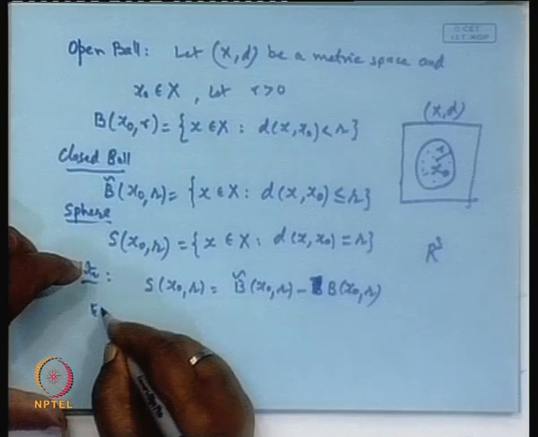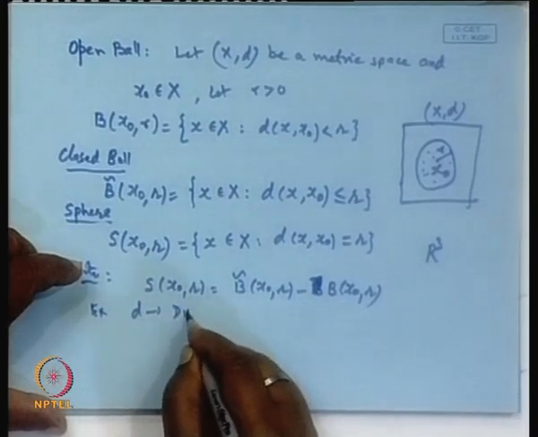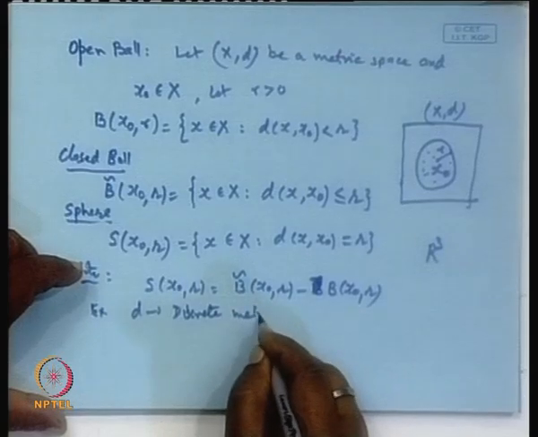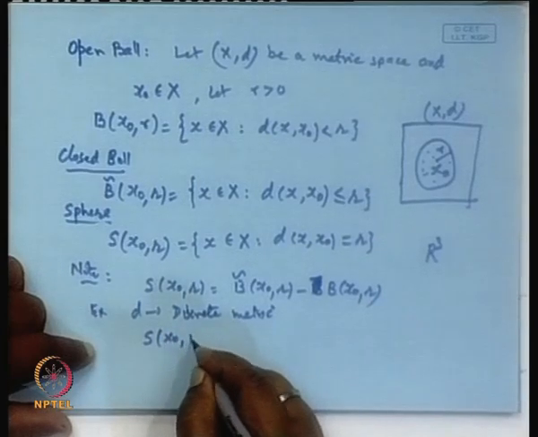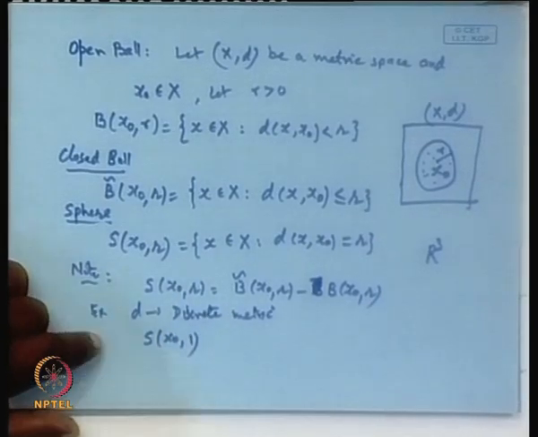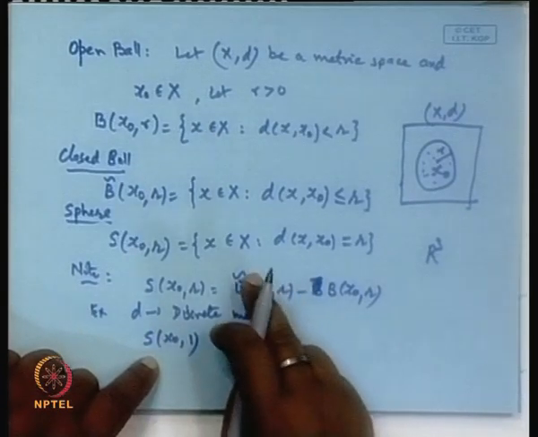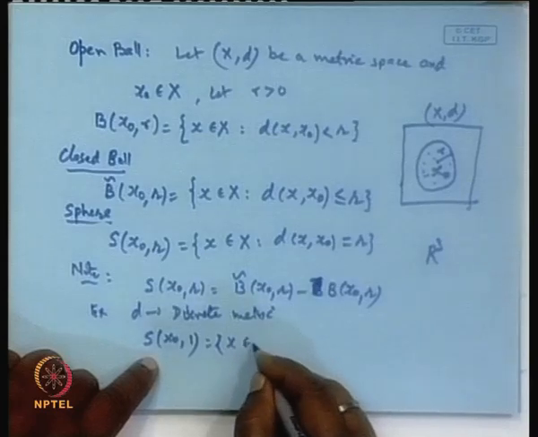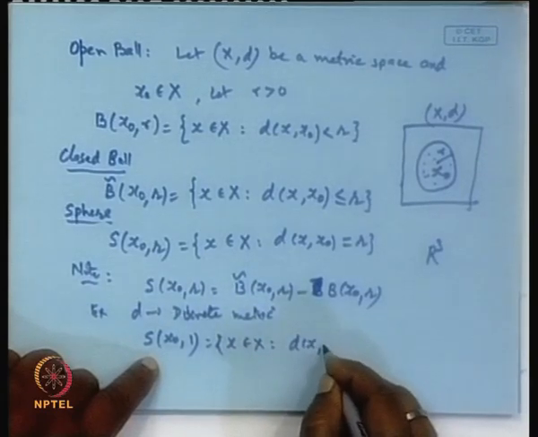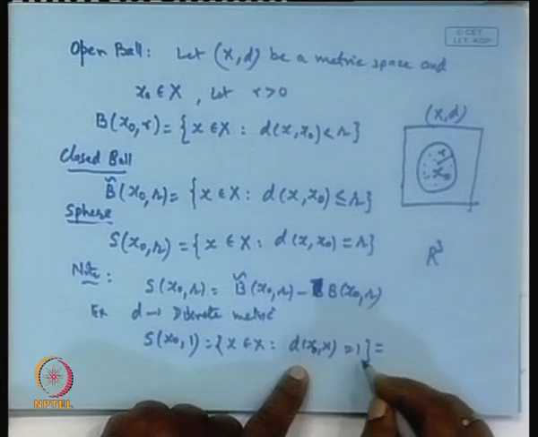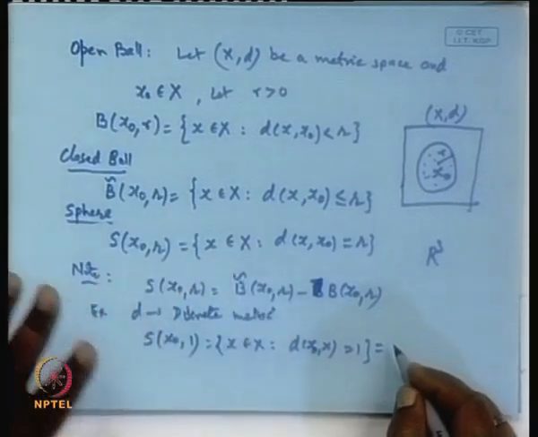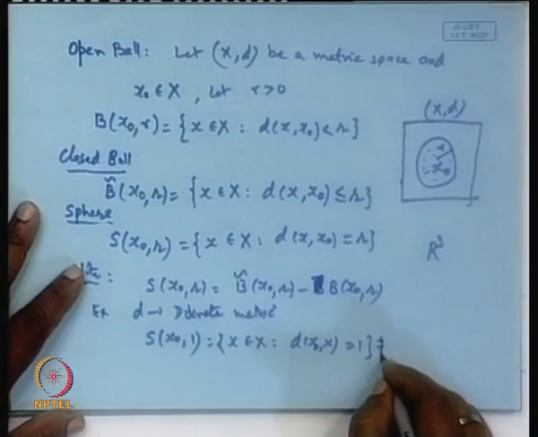If we take the metric d as a discrete metric, then the sphere centered at x naught and, say, radius 1, this will be the set of those points x belonging to capital X whose distance from x naught is 1, that is, the set of those points whose distance under the discrete metric is 1, which is nothing but all the points which are different from x naught, that is, the entire space except x naught.